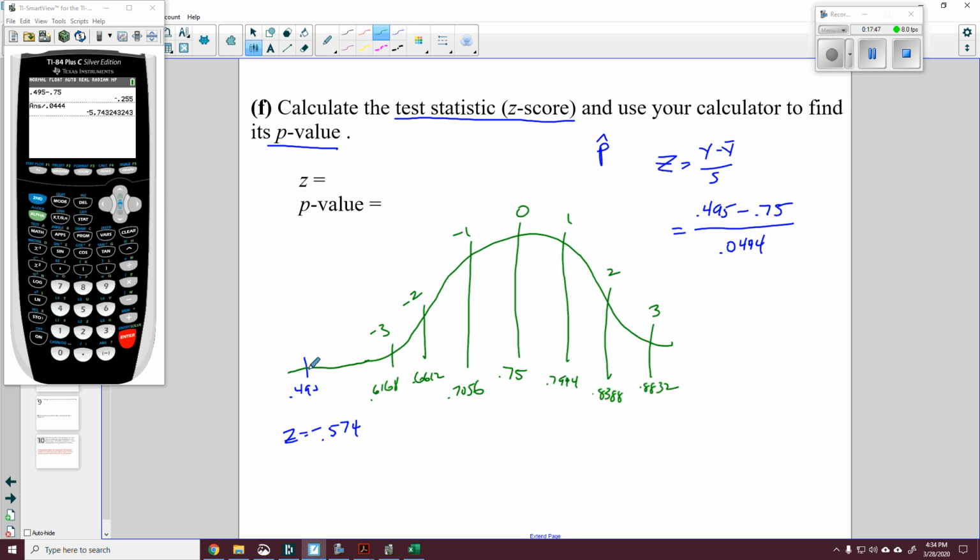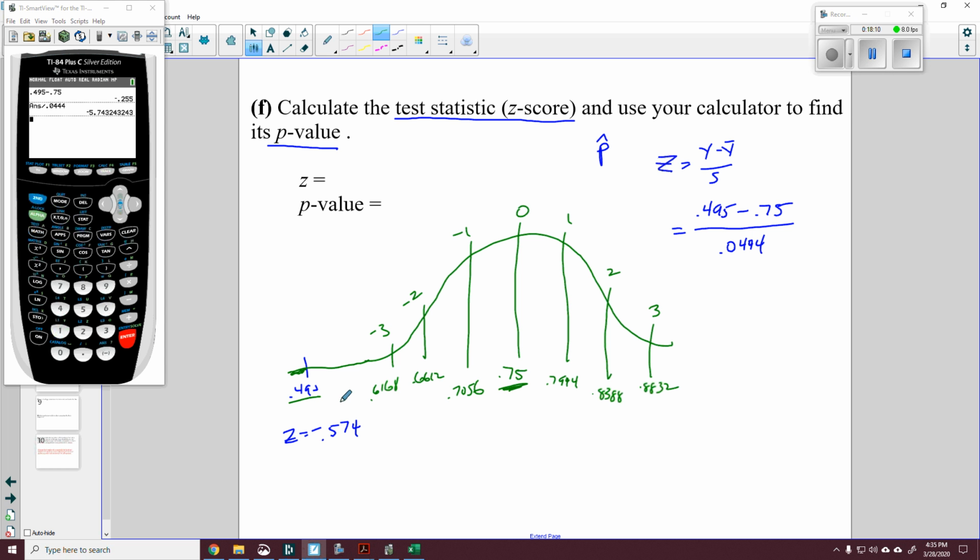There's a very, very tiny area under here that represents the probability of getting this statistic of 0.495 if, in fact, the population proportion is 0.75.